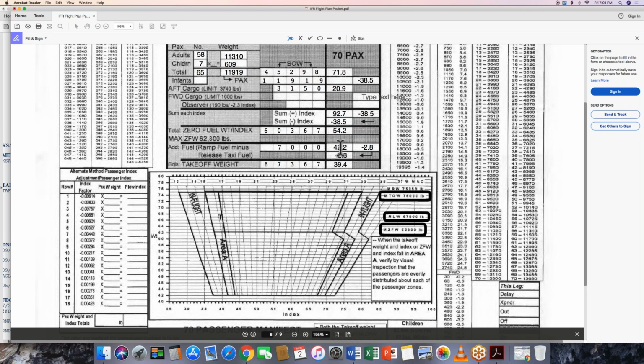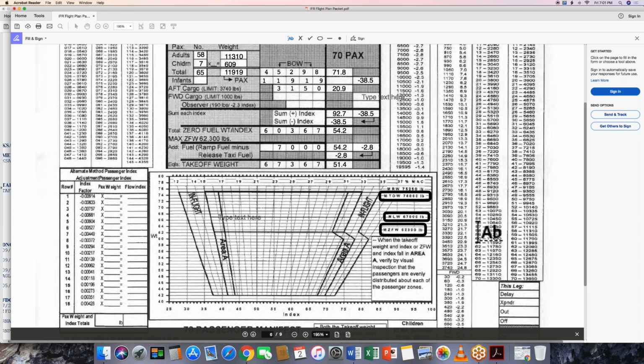Okay, 54.2. We can bring that down here. Minus 2.8. 51.4. That makes a big difference, huh? That's like 11 points difference.